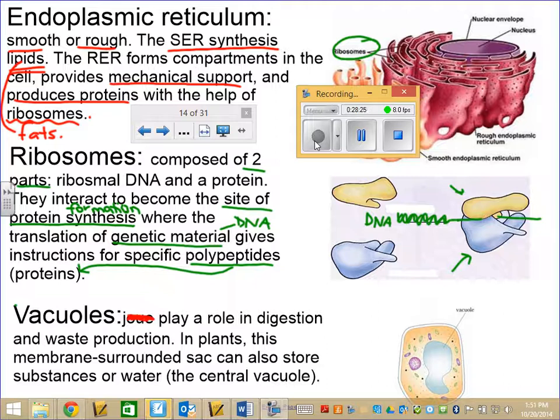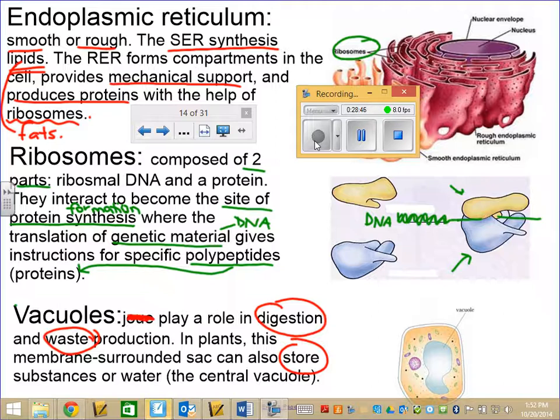So vacuoles play a role in digestion and in waste production. They can also be for storage. So if I had to summarize, digestion, waste, and storage are the three things that a vacuole is really known for.